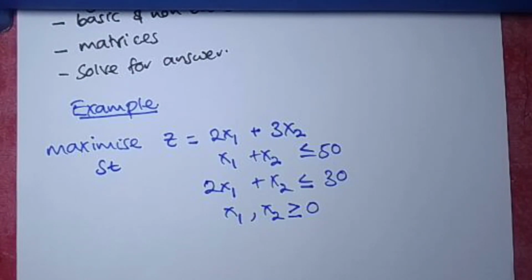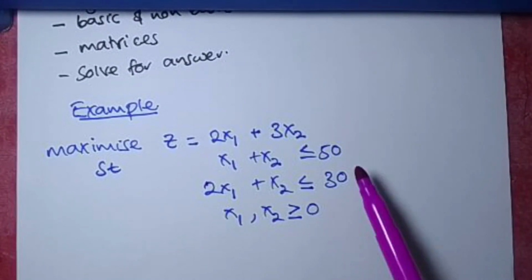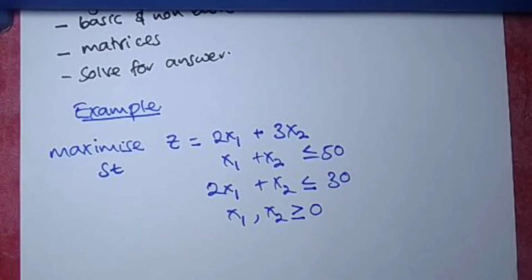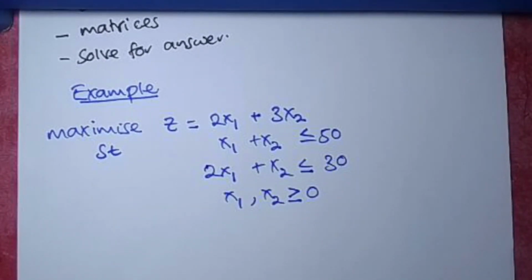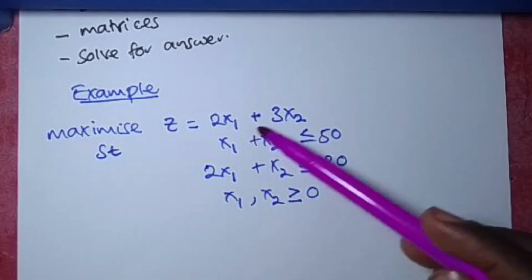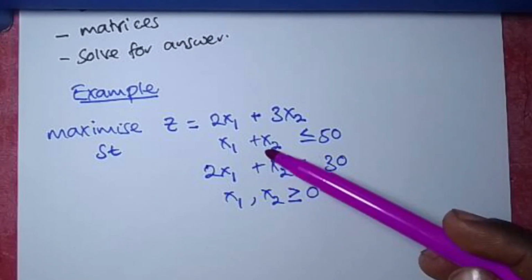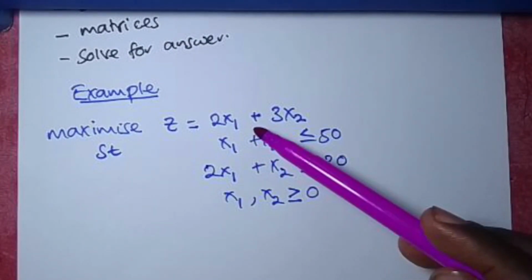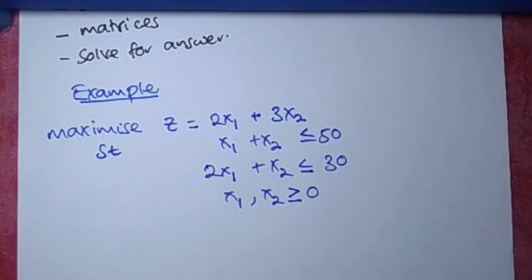So what I was saying is that we are going to divide this problem into two parts: first of all, the objective and the constraints. Then we are going to express the objective and the constraints in terms of matrices.